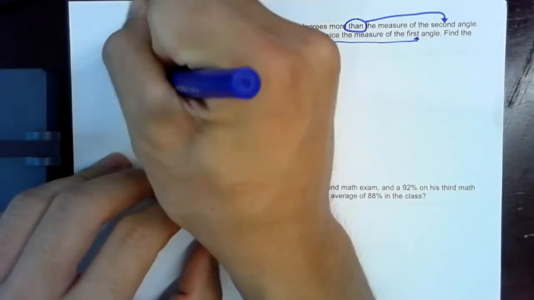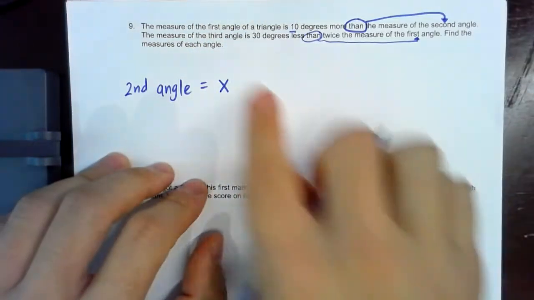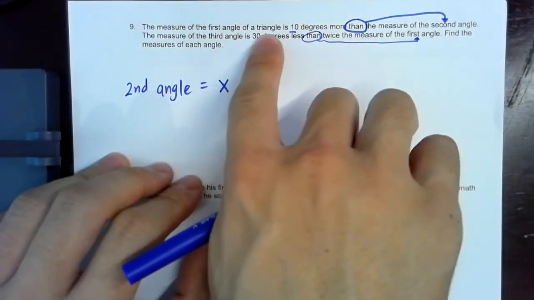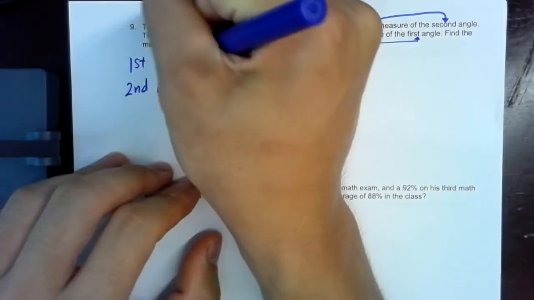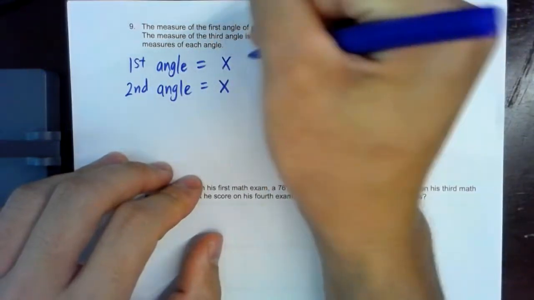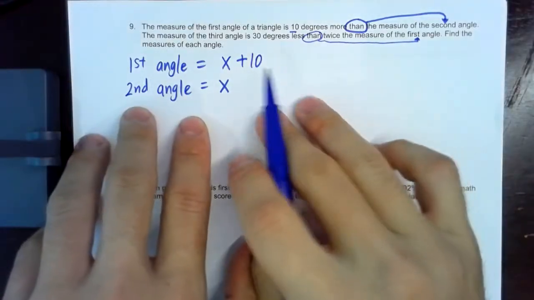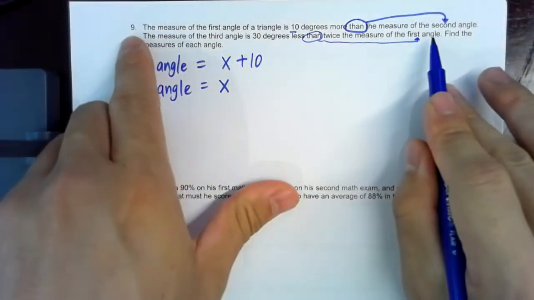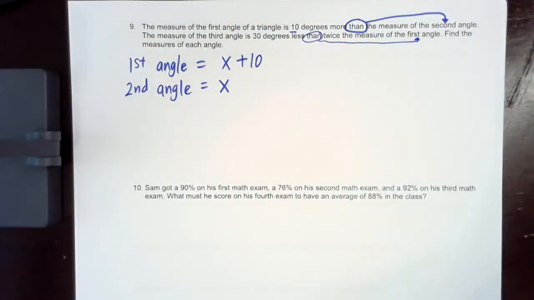I'm going to label the second angle as x, and the measure of the first angle is 10 degrees more, so the first angle is just x plus 10, right? After we've defined this, then we can talk about the second sentence. You don't want to work in reverse and just look at the second sentence, because then things will get trickier, believe me.